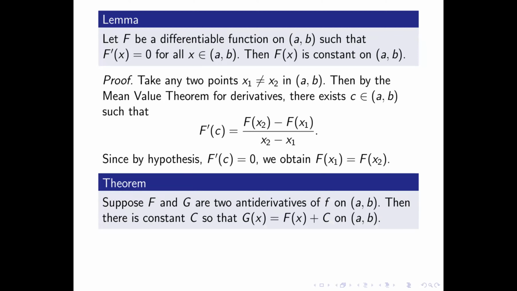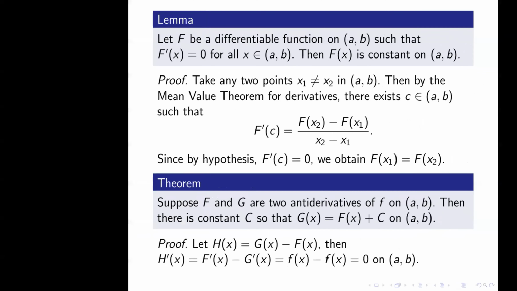Then there is a constant c, so that for all x inside (a, b), G of x is F of x plus c. We do this by applying the lemma to the difference of capital F and capital G. You call H the difference.